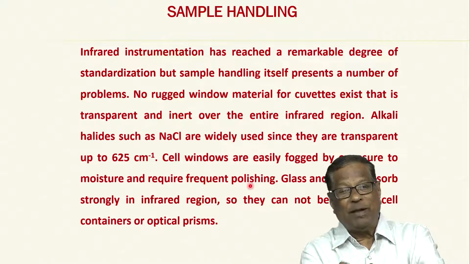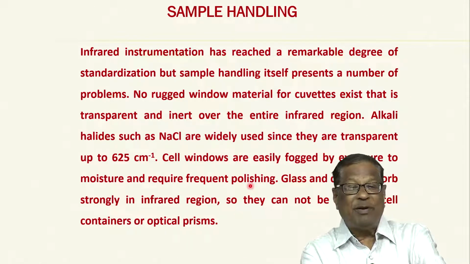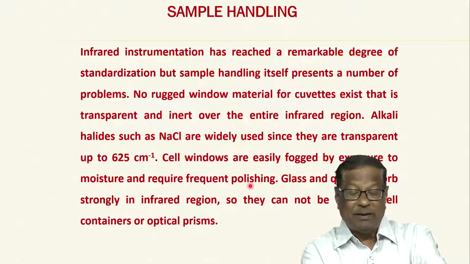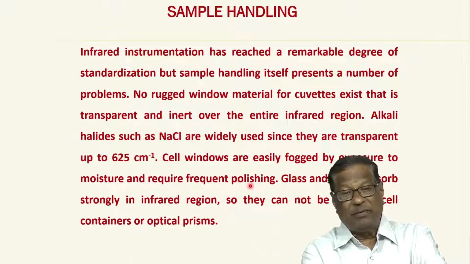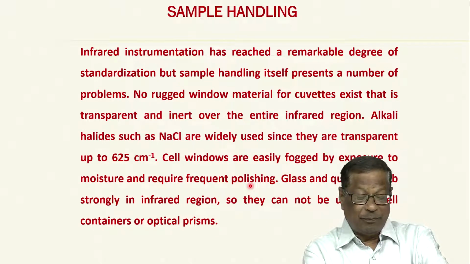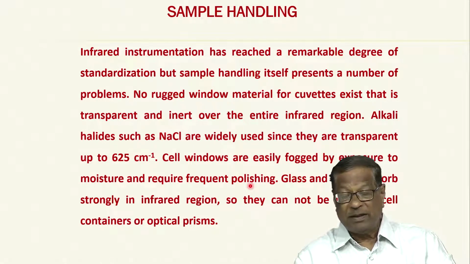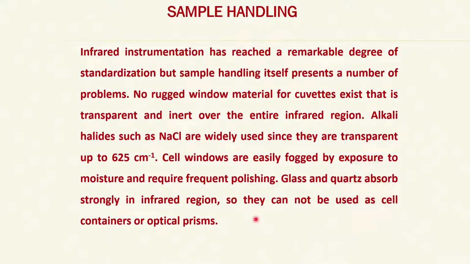You have to remove that fogging by brushing, abrasion, and again after abrasion you need polishing to make the cuvette smooth. Glass and quartz you cannot use in infrared because they absorb the IR radiation themselves. So they are not ideal, neither for prisms, windows, glasses, mirrors, nor can you use them as the cuvettes.